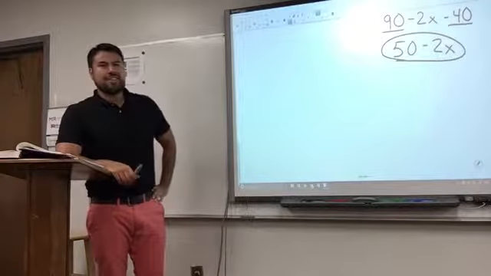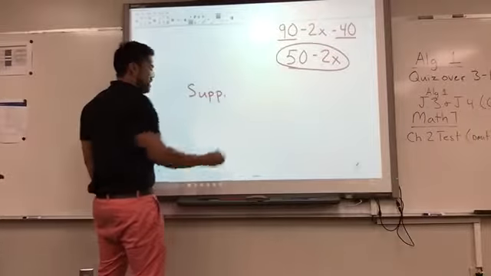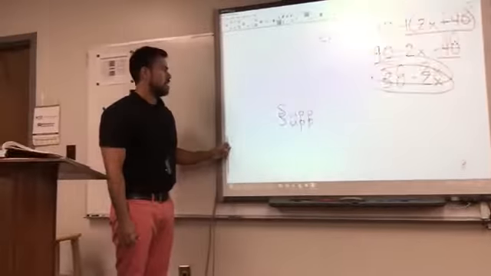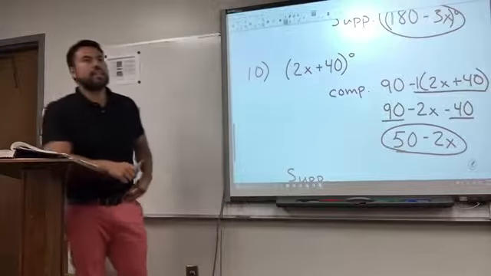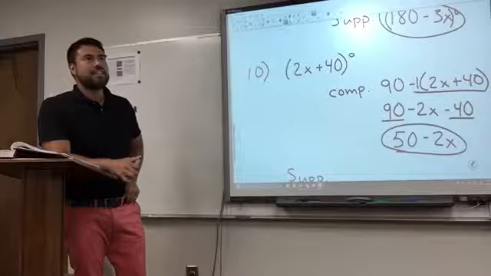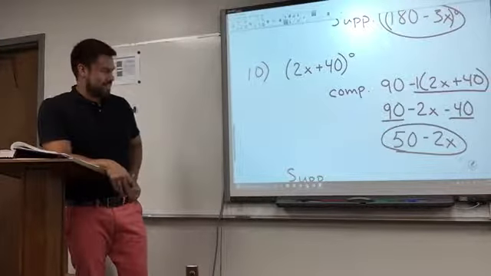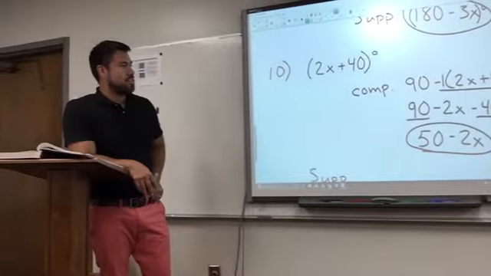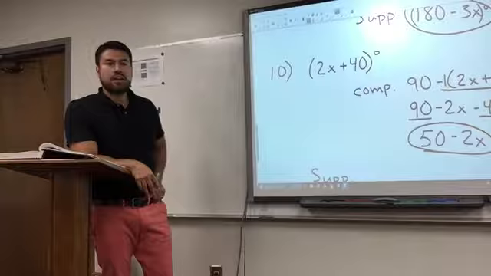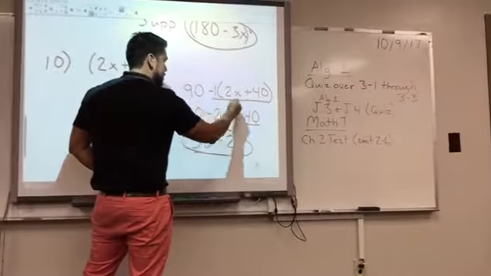Okay, there we go. Shouldn't it be like 90 minus 2x plus 90 minus 40? Say that one more time. 90 minus 2x plus 90 minus 40. I think you're adding a little bit too much to it. So I see this right here.